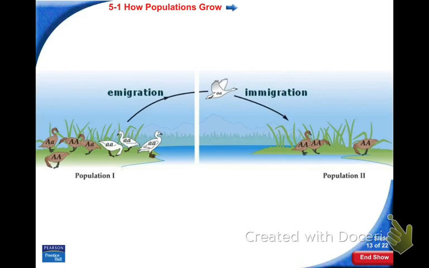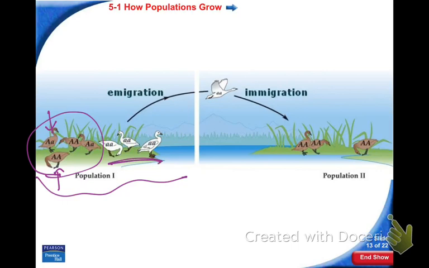So here's a picture. We have a population here, population 1, and this is showing all of the genetic variation. So homozygous and heterozygous. These individuals here are showing, I guess, the dominant trait. This would be the recessive trait. Well, if one of these individuals left that area, that individual would be emigrating because it's exiting.